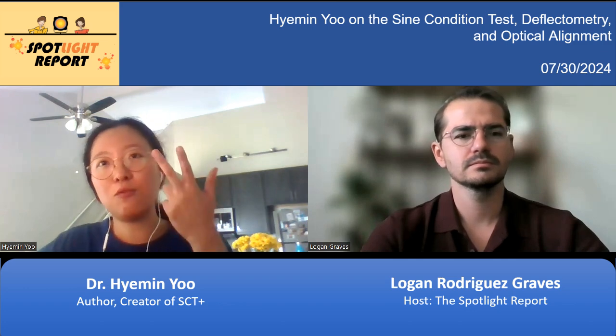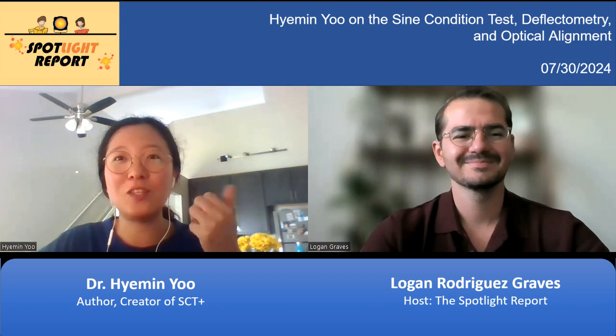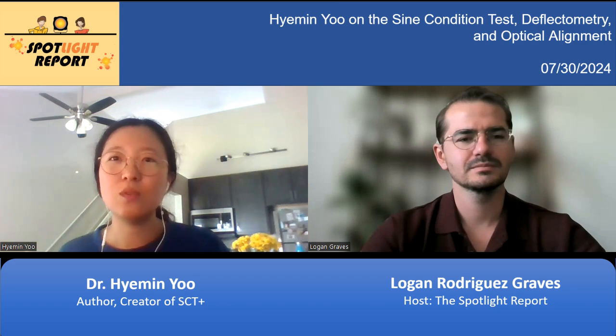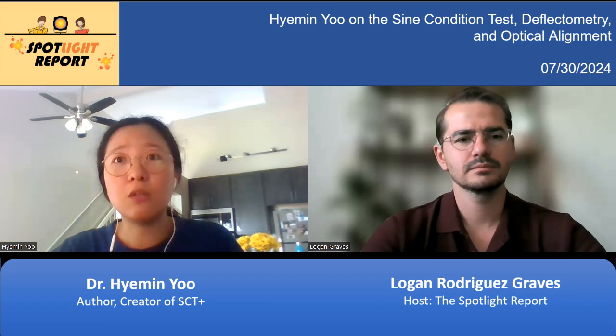That's why it wasn't usable for alignment purposes, because there are three remaining misalignment aberrations: defocus, spherical, and constant coma. These are on-axis aberrations. If you don't know these three correctly, then you cannot align your system well. Then I thought about it: the Sine condition and deflectometry are both based on tracing rays.